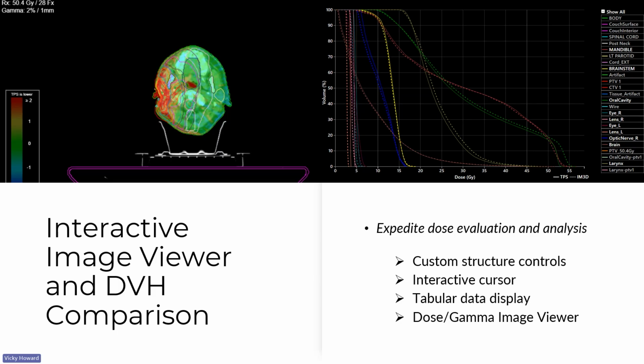So if you do have a plan that has some gamma deviations that are maybe outside of your specs, you're able to go through and see where those exist. That's always been an issue with pre-treatment QA in a device when you're not looking at things in the patient perspective with the patient density and anatomy, that it's really hard if you have a plan that's failing or borderline to really deduce, well, what does that mean within the patient? So this gives you that information from a plan calculation perspective.